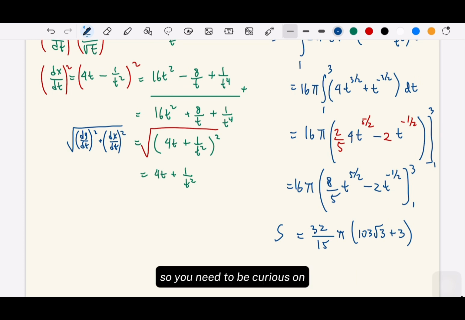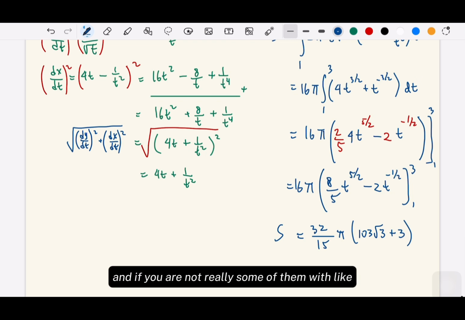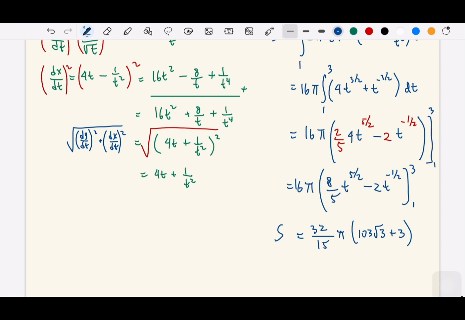So you need to be curious about how to cancel out the square root. And if you are not really familiar with the algebra, I think you need to take some time to have more practice, because the calculus part is the integration part, right? Not this one. This one is only the algebra part.